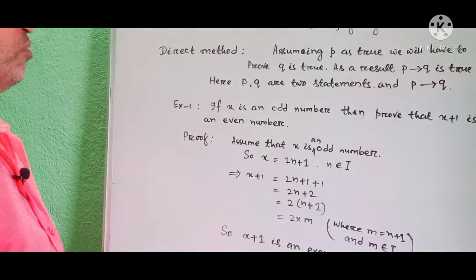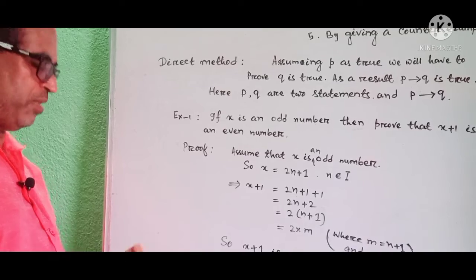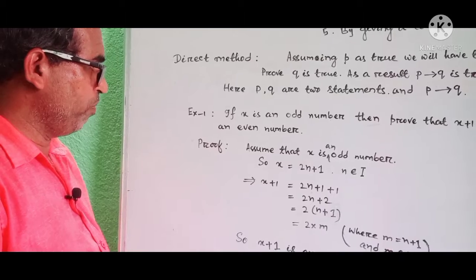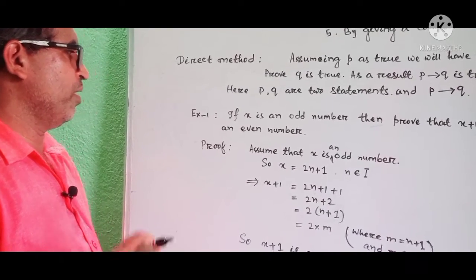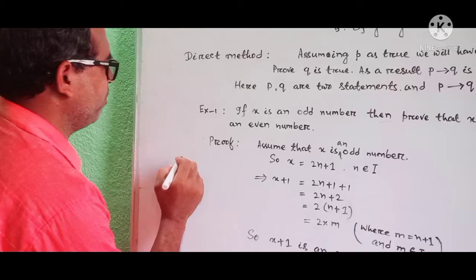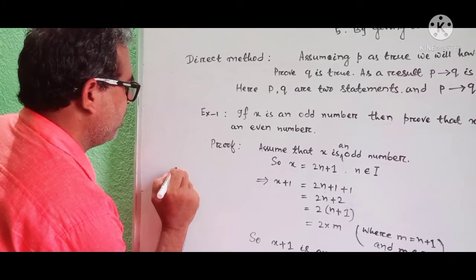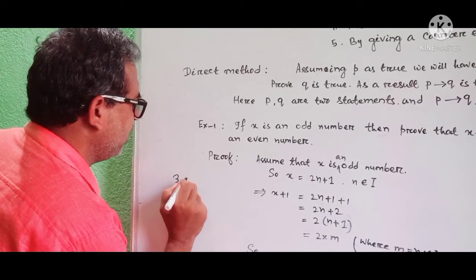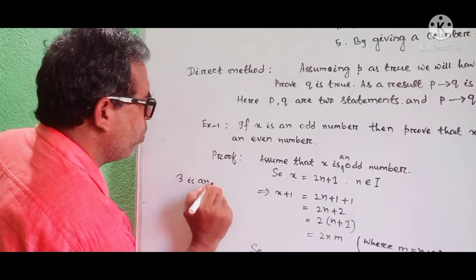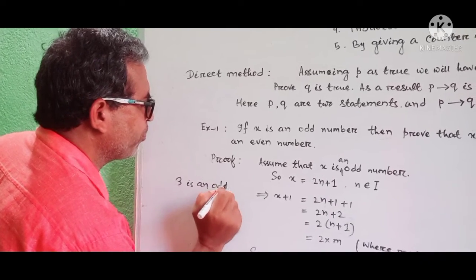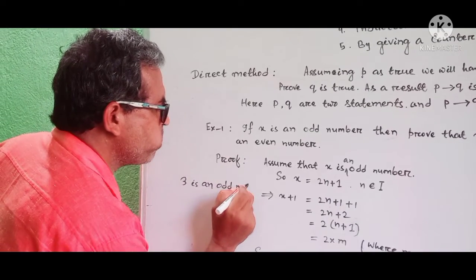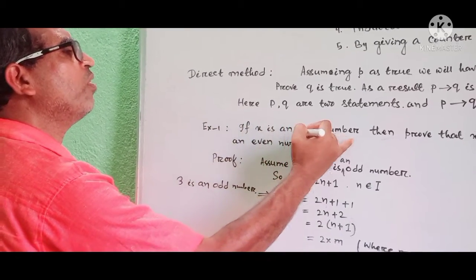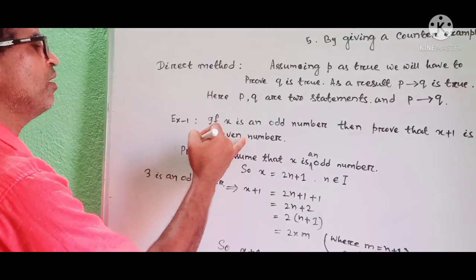There is no necessity of explaining more. Just for the sake of your convenience, I am giving an example. 3 is an odd number. If x is an odd number, then prove that x plus 1 is an even number.